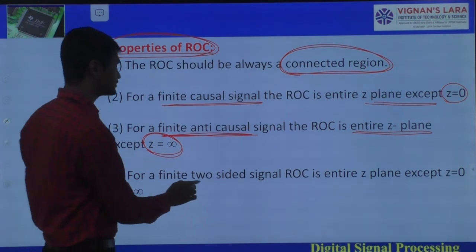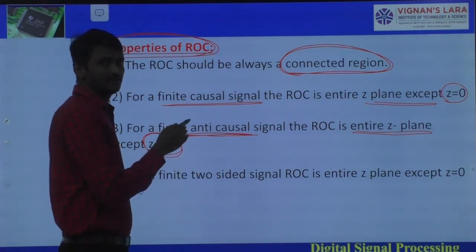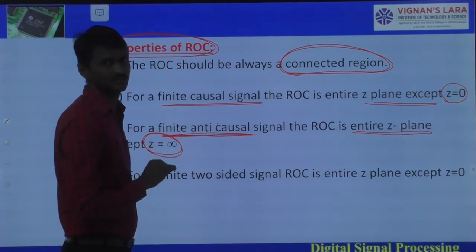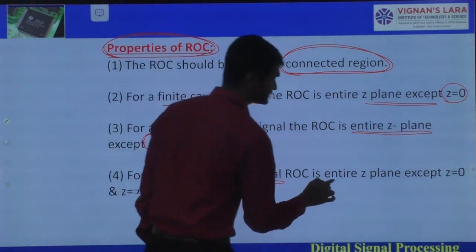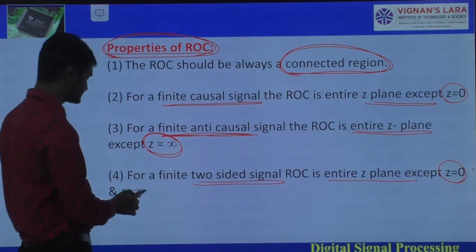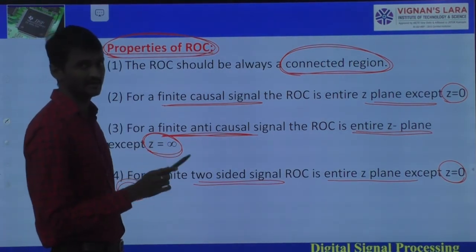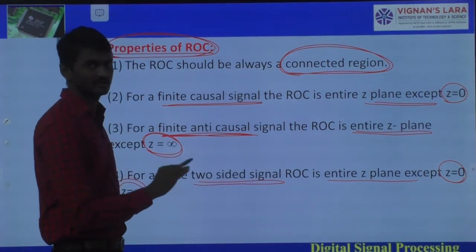Next, for a finite two-sided signal, which can be either causal or anti-causal, that is, you can call it a non-causal signal, the ROC is the entire z plane except at z equals 0 and at z equals infinity. Other than those, it is the entire z plane.